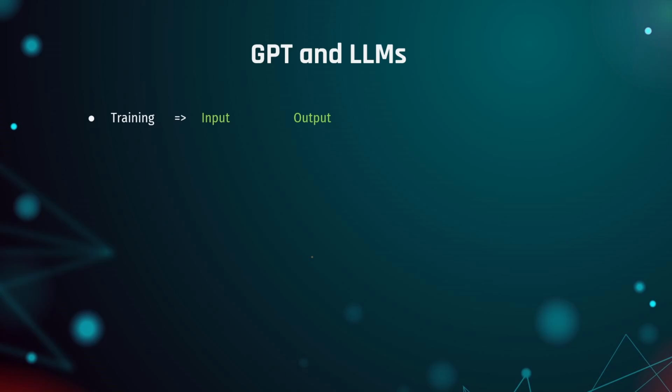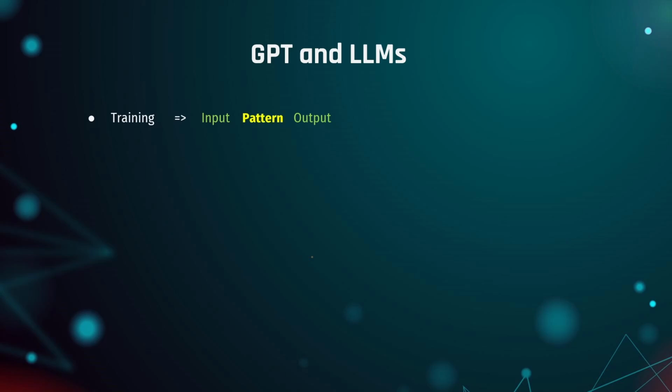So our model in the training phase, all it does is, from the given input and output pairs, it figures out the relation between the given input and output. It figures out the pattern, right?